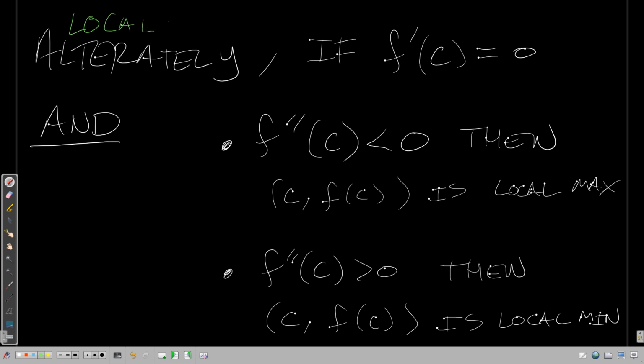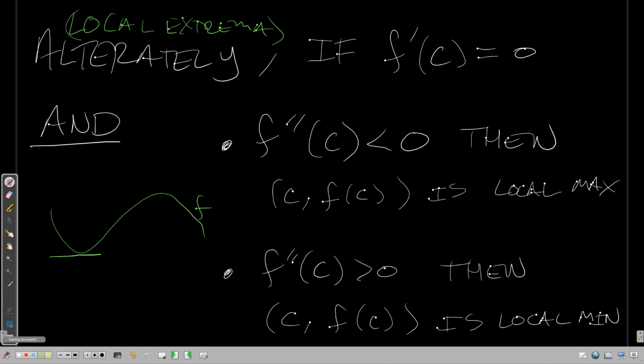For local extrema, you can also use this other, more elegant method where you have to know that the tangent line goes horizontal. So here's my function. This is f.